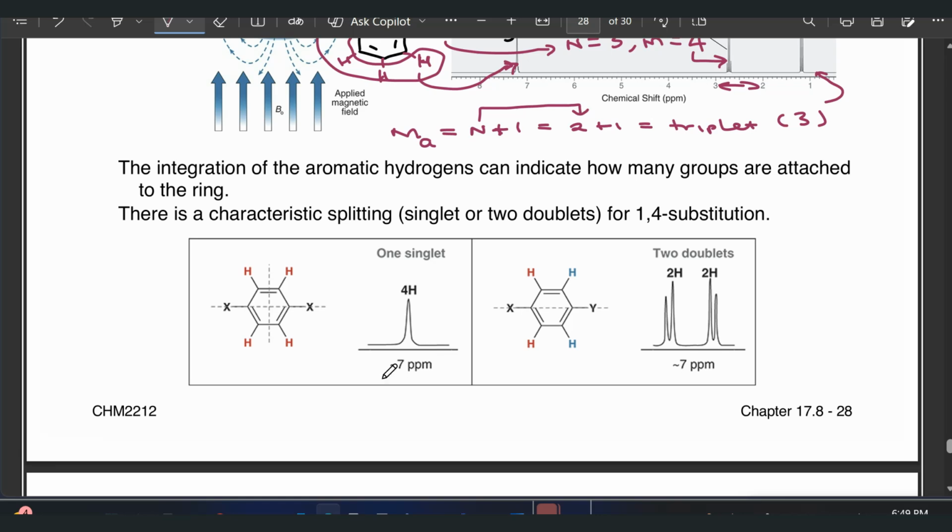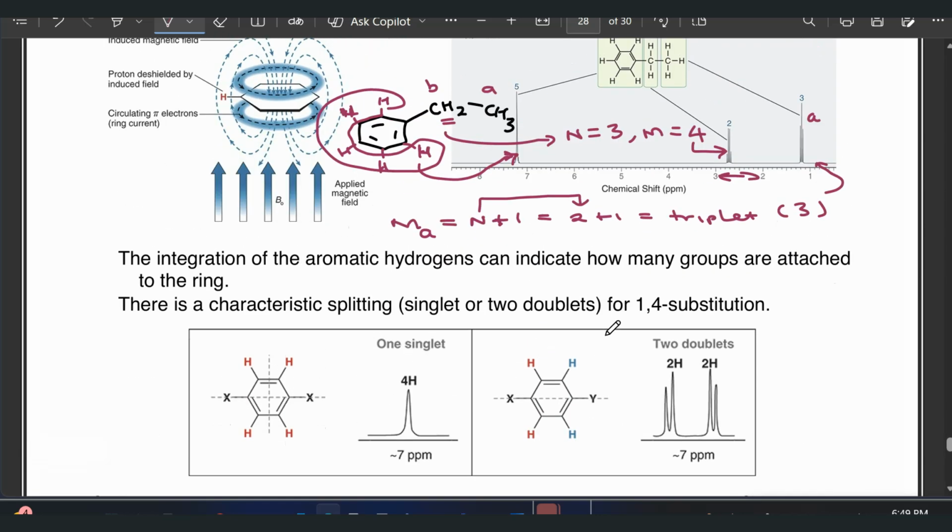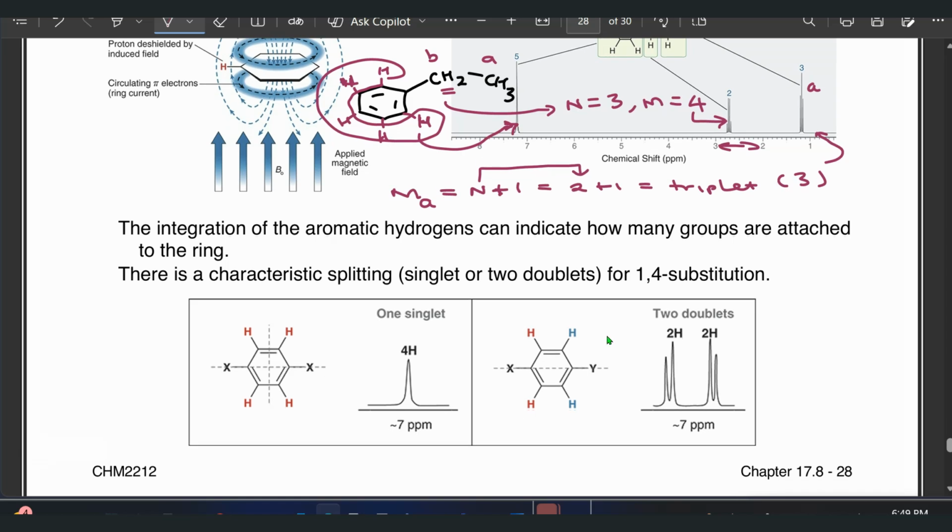Anyway, this is talking about the integration stuff. We don't need to go there, but I want to give you a clue. Anytime you have a para substitution, let me be clearer. Suppose one side is an OH and the other side is a chicken foot.